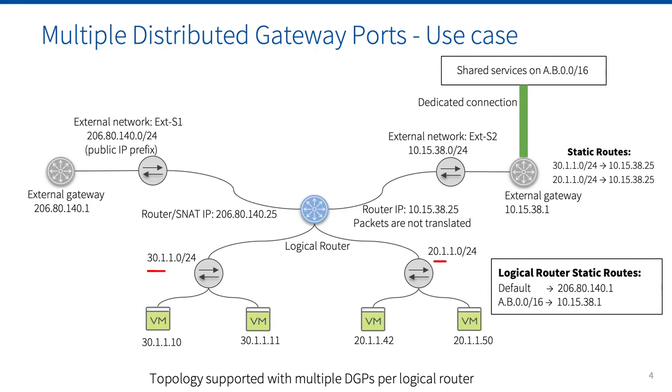The logical router is connected to external or underlay network ext-s1, whose IP prefix is 206.80.140.0/24 with one DGP, and it is connected to another external network ext-s2 with IP prefix 10.15.38.0/24 using another DGP. The external network ext-s1 provides access to the internet for the VMs. The logical router has a default route with external gateway 206.80.140.1 as the next hop.